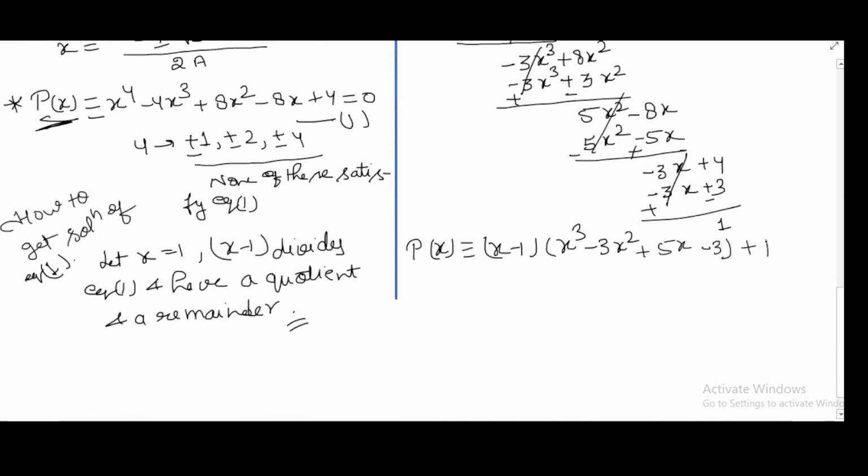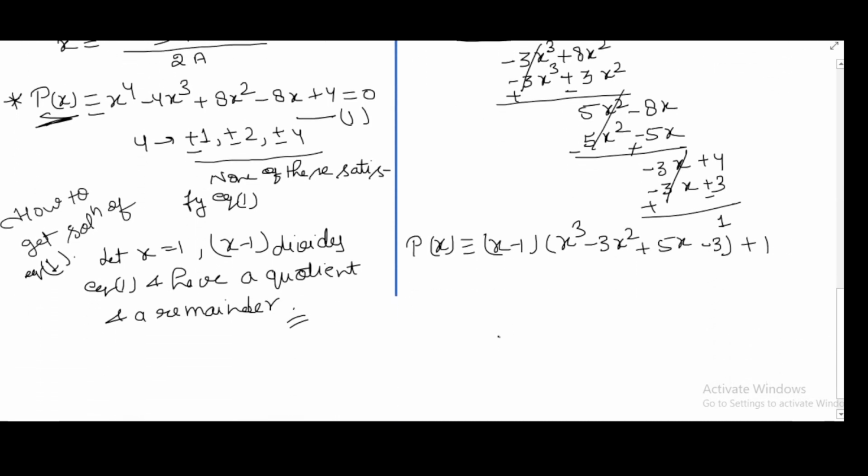That is called the remainder theorem of polynomials. The remainder theorem of polynomials says that the dividend is equal to divisor multiplied by quotient plus remainder. Okay, that is a equals bq plus r. This is the famous remainder theorem.